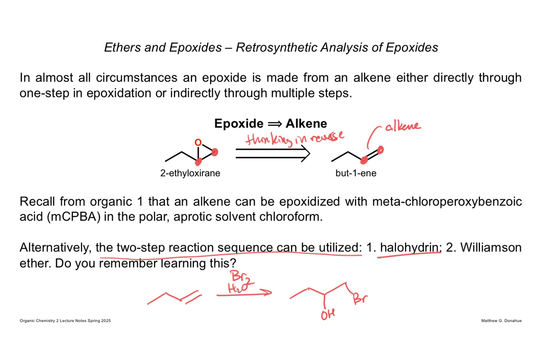set up to do what I'll call an SN2 reaction, but it's really not two because everything's in the same molecule. So you have a good leaving group here. Then you have an acidic proton here. So from that, you can treat with a base, which deprotonates the oxygen, and that forms a nucleophile.